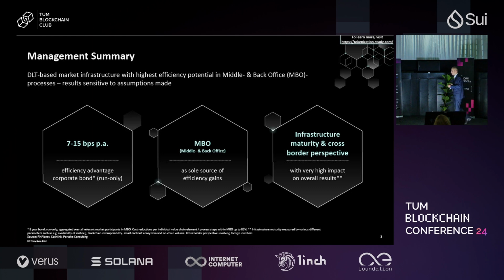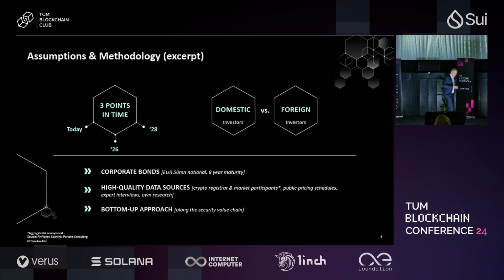And that's not because it would make any difference for the on-chain costs, because the blockchain doesn't care about borders, but it does make a big difference when you consider the off-chain cost basis. There it makes a lot of difference, and that's why we found different results there.